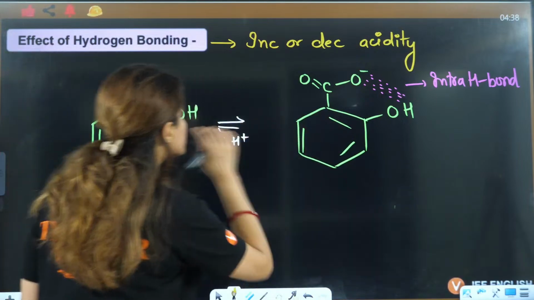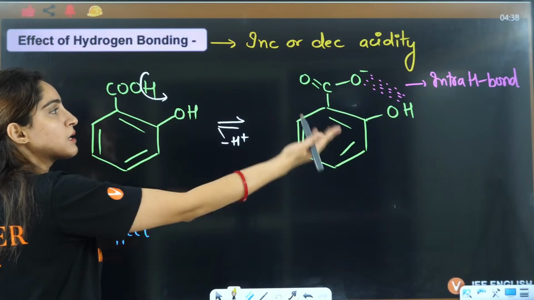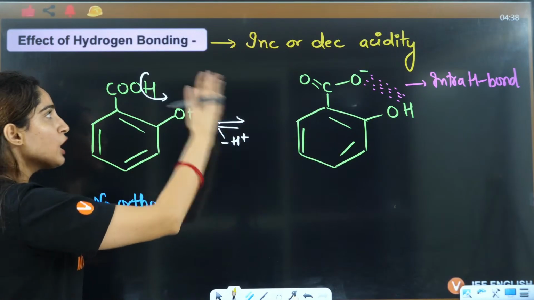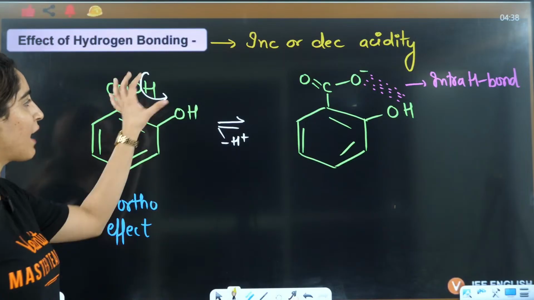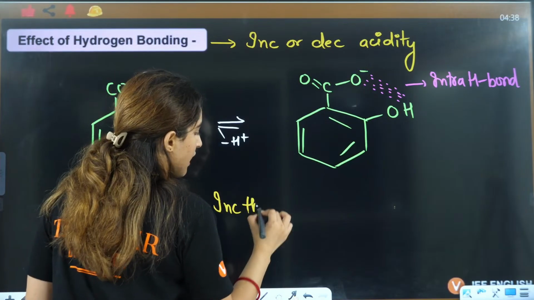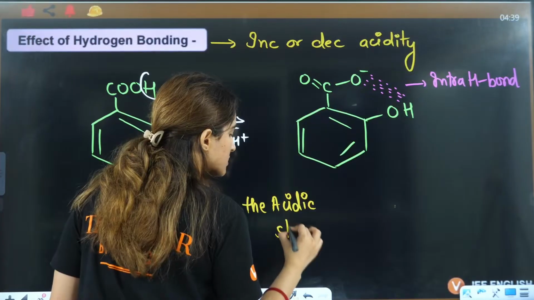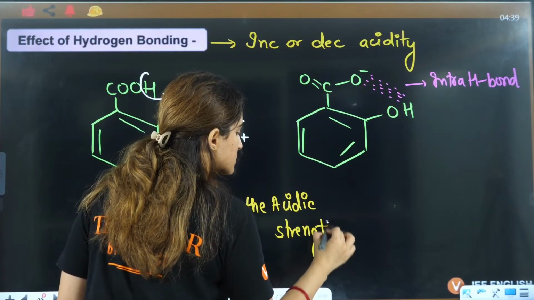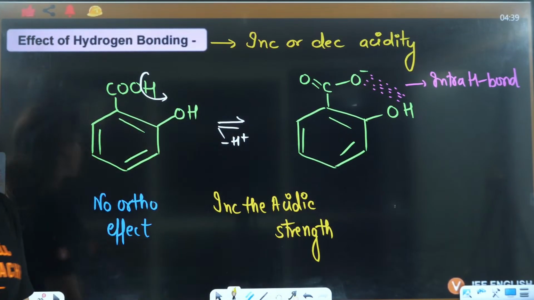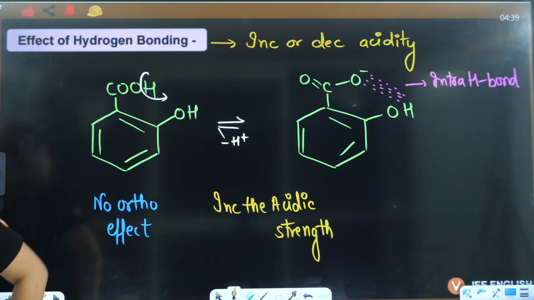That means this would want to get loose, because the carbanion is getting stable because of hydrogen bonding. So here, when you have hydrogen bonding, it increases the acidic strength.